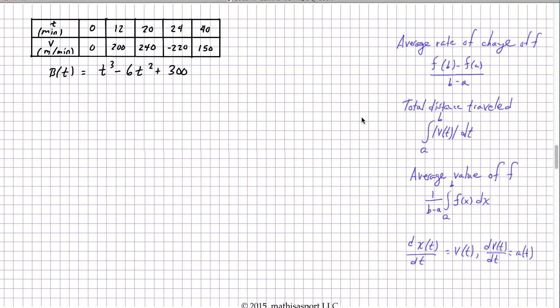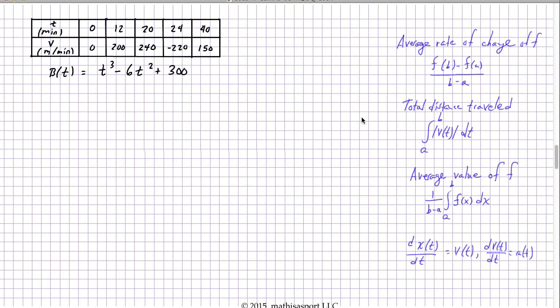We need to find accelerations and distances, as well as average values of accelerations and velocities. And so the key here will be the concepts that we've listed on the right in blue, how we connect velocity to other related qualities.